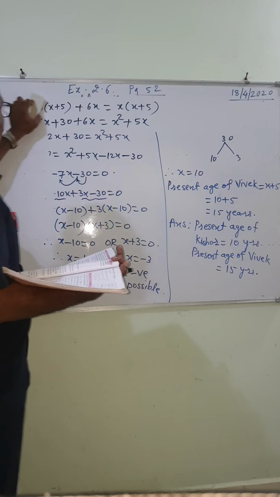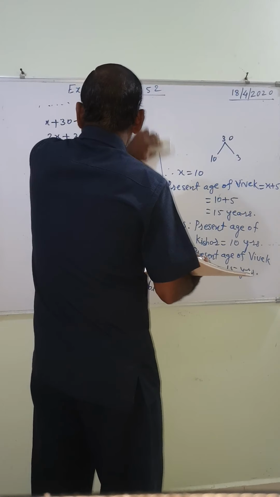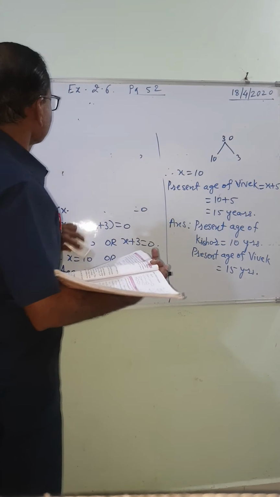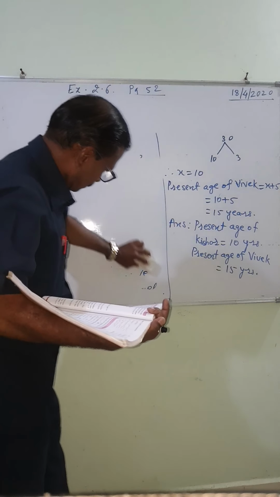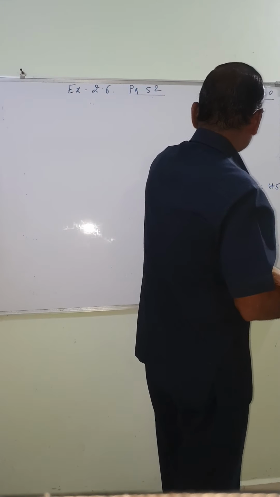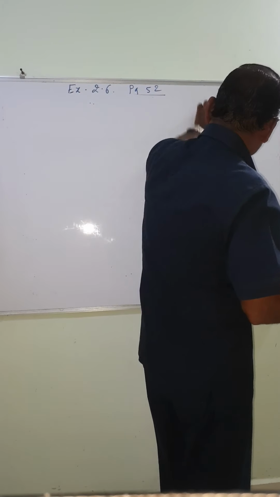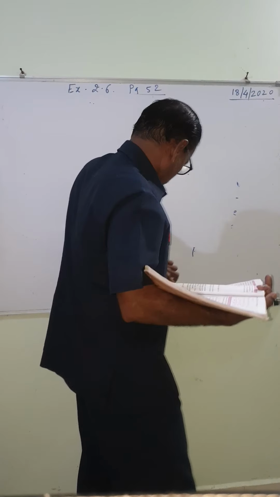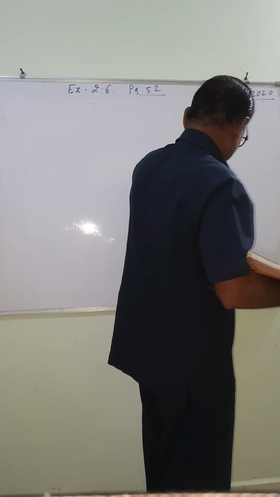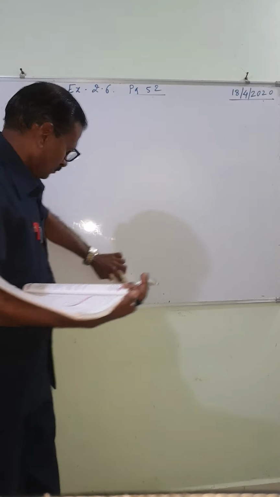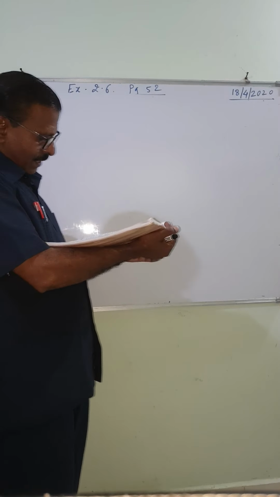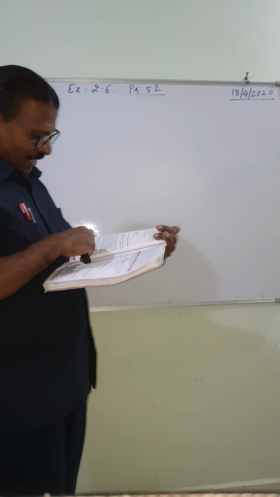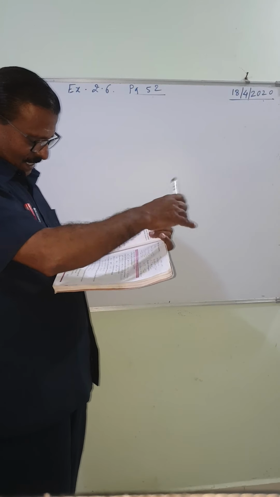The 10th sum I wish to take is based on geometry. In the adjoining figure, quadrilateral ABCD is a trapezium, AB parallel to CD, and its area is 33 cm square.